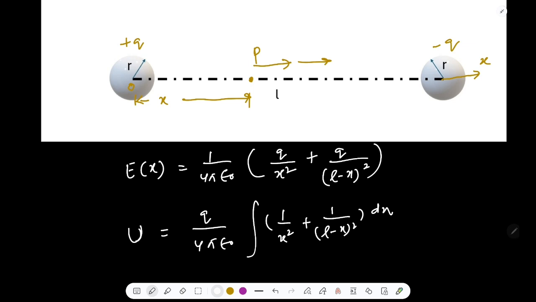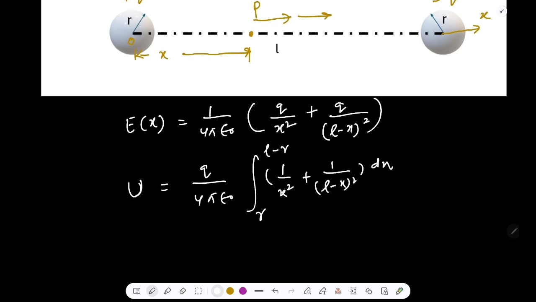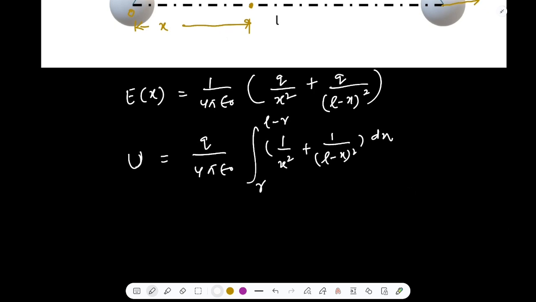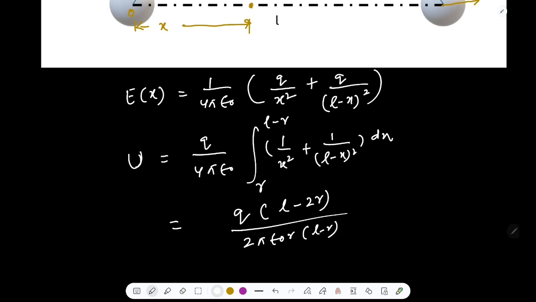Since we need the potential difference between the surfaces of the balls, we put the limits from R to L minus R, and you integrate this to get the potential difference. You will find ultimately that this integration becomes something like this.